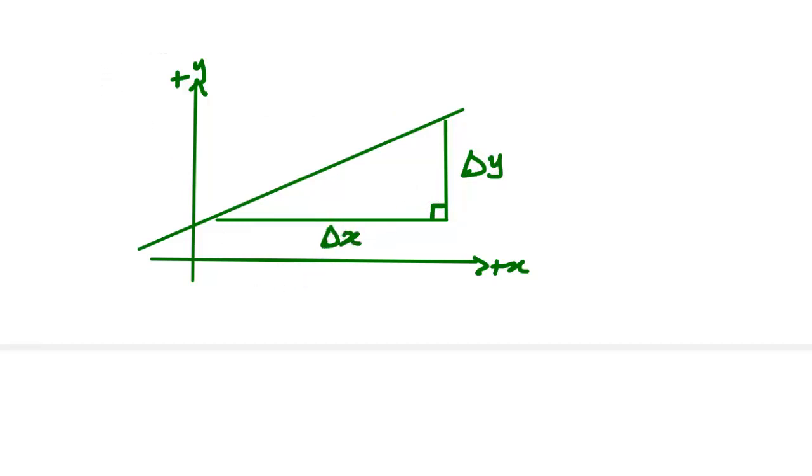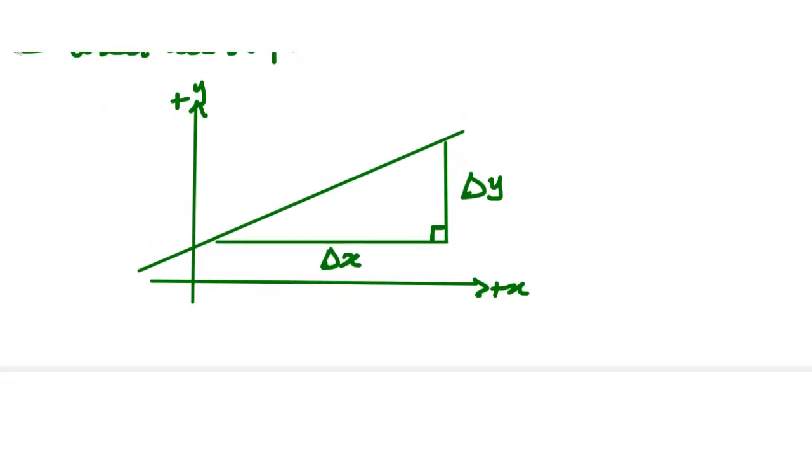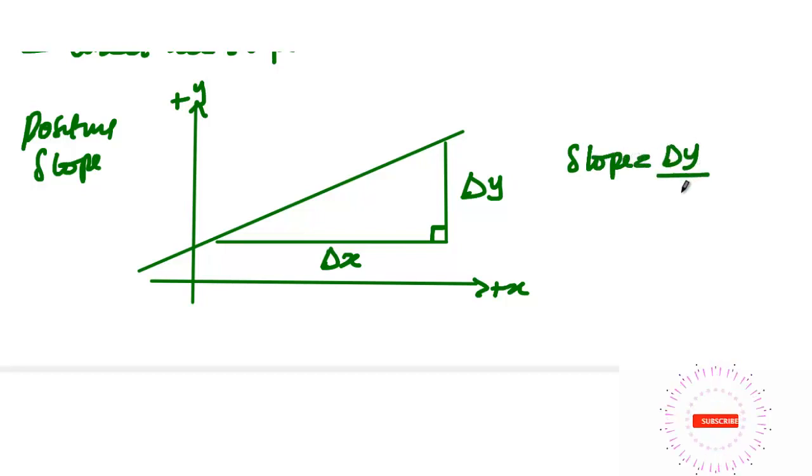Now I'm actually explaining positive slope. So for a positive slope, your slope, which is change in y over change in x, is greater than 0. Any number greater than 0 is positive.